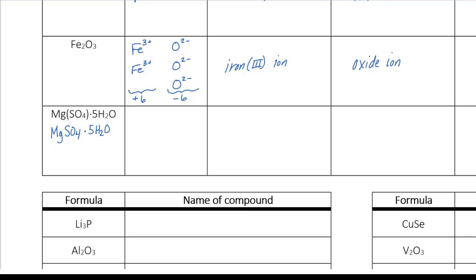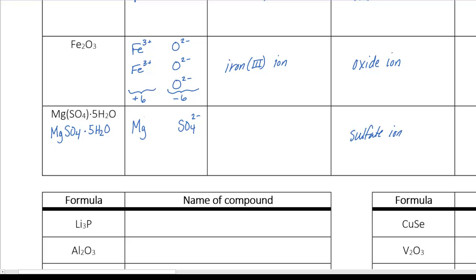So this one we start naming just as always. It's going to be an ionic compound composed of magnesium and SO4, which we remember from before has a -2 charge. So this is going to be a sulfate ion.